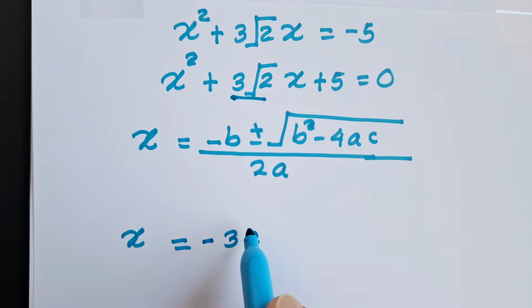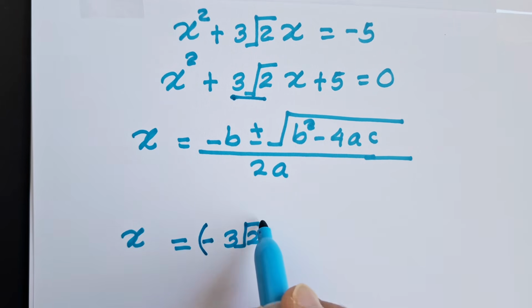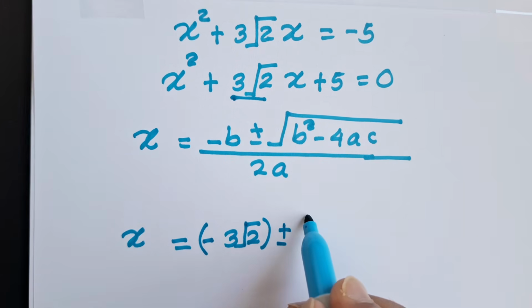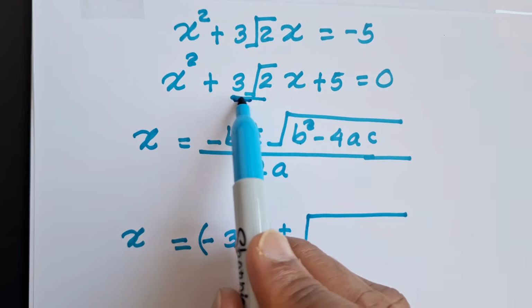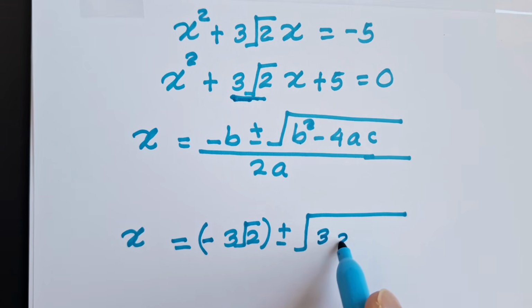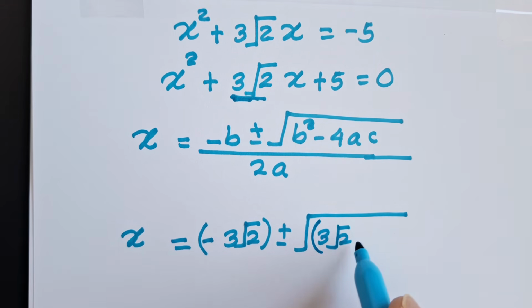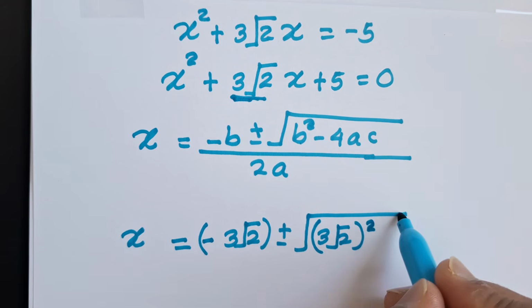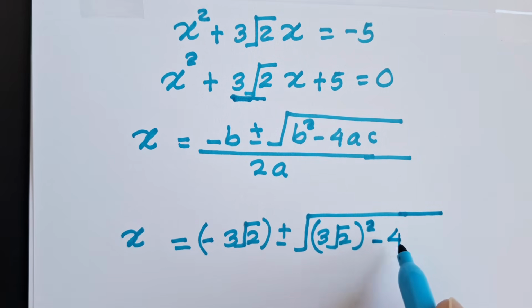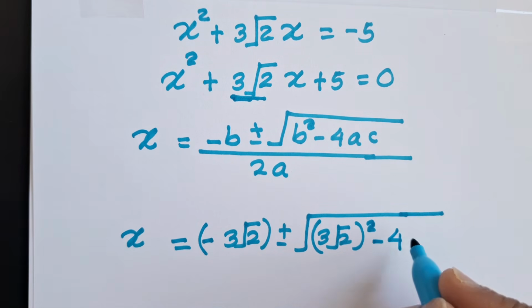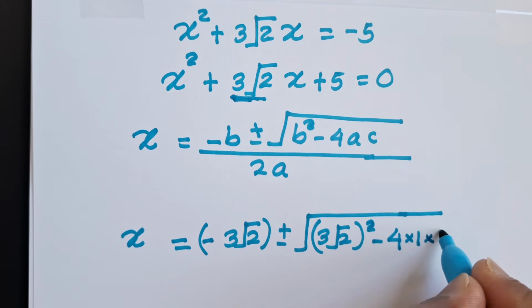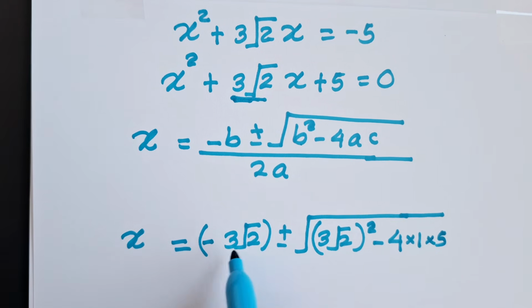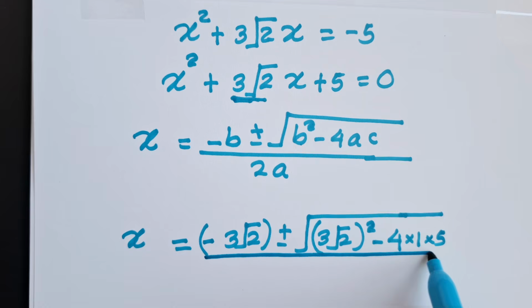We have minus 3 times square root of 2 plus or minus square root of 3 times square root of 2 squared, minus 4 times a times c, divided by 2 times a, which is equal to 1.